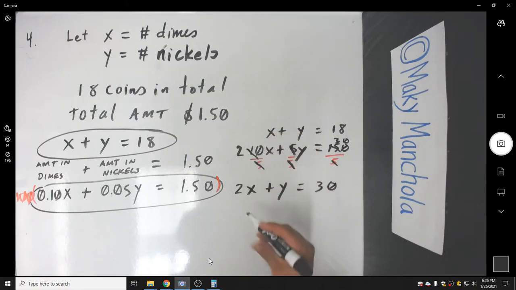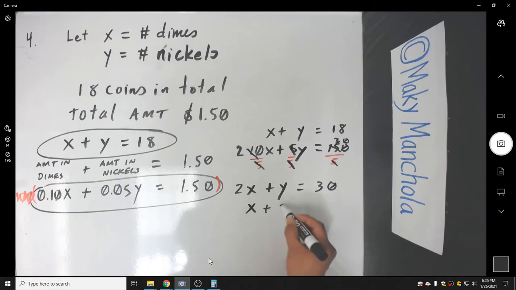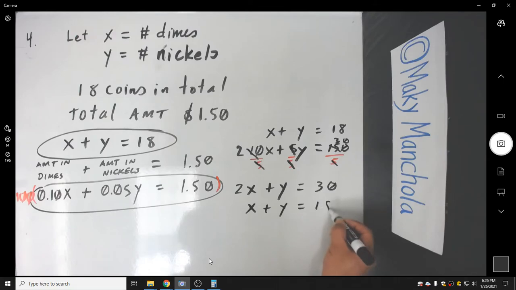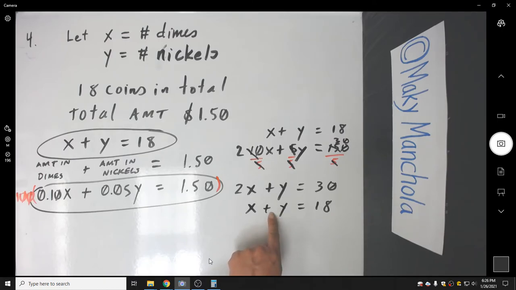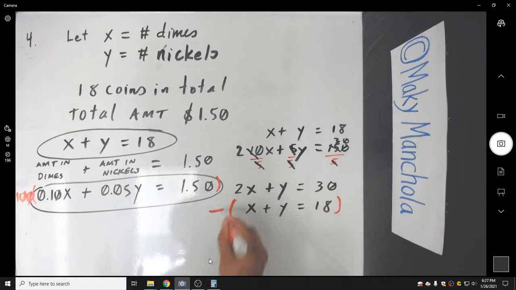Let me put it under our recent result. So x plus y equals 18. Now, if we want to eliminate here, it is most convenient to eliminate y. In order to do that, take the first equation minus the second equation. Okay, so we obtain 2x minus x is x.